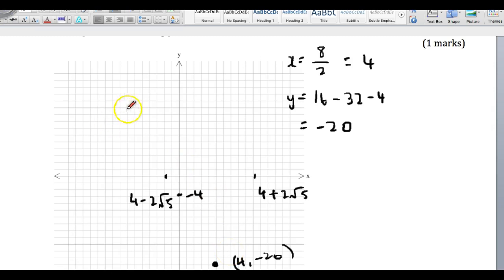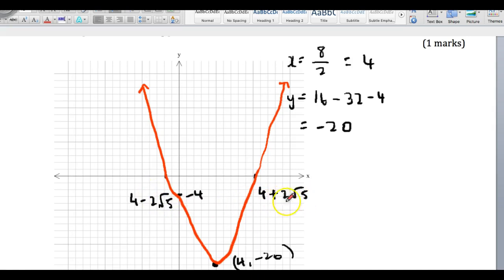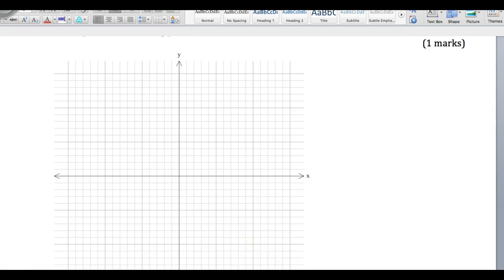We need to go through our first x-intercept, go down to our turning point, and go up through our y-intercept, and there we go. So it's not too bad. I can see my x-intercepts there, 4 minus 2 root 5 and 4 plus 2 root 5, y-intercept of negative 4, and my turning point down there at 4, negative 20.